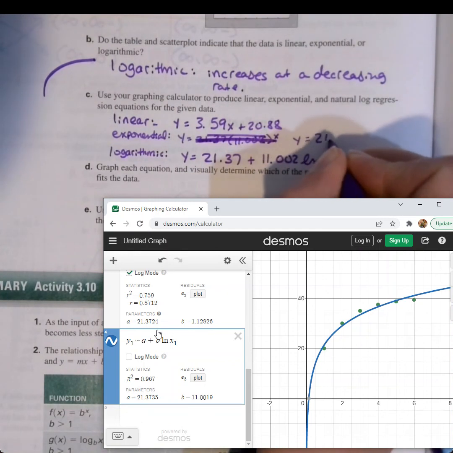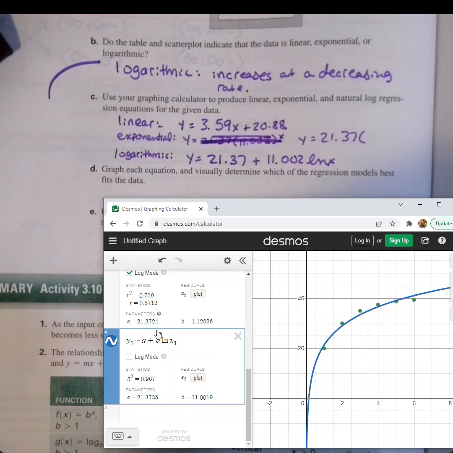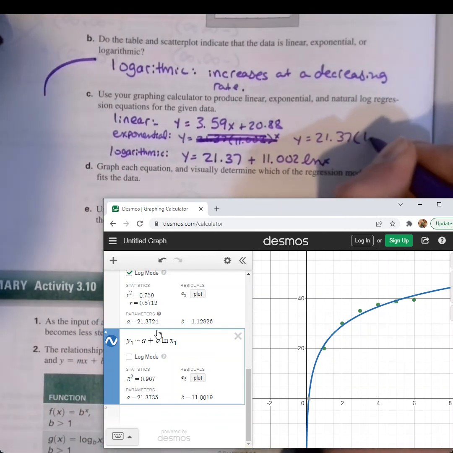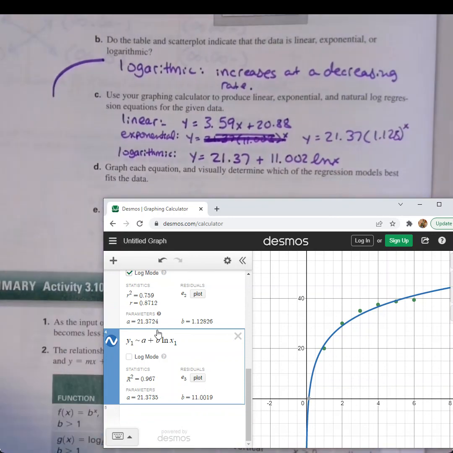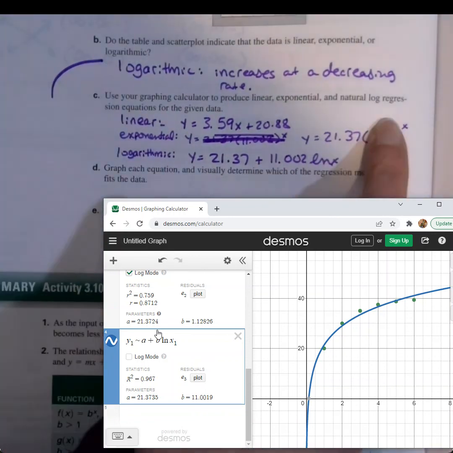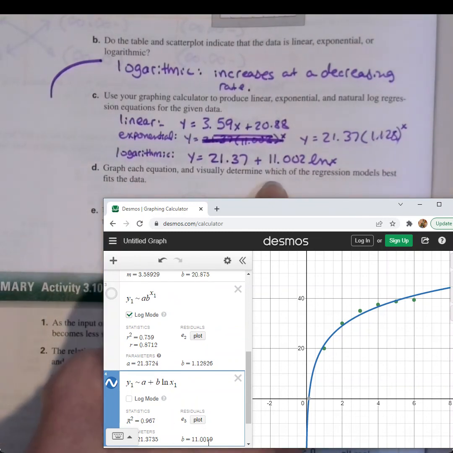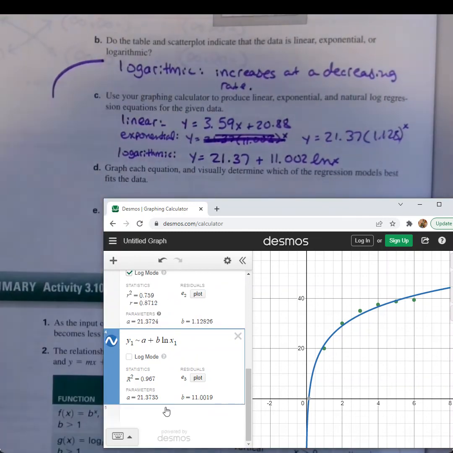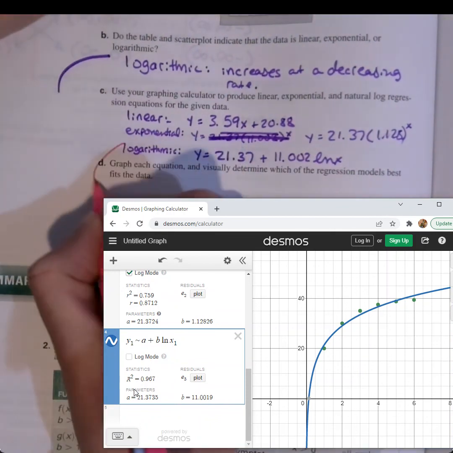So it does start with 21.37, it looks like, and then it's 1.128. Should have thought about that 11. I was like, that's way too big for it to be a base, but I wasn't really thinking about it. So there we go. That one was the exponential, and this one is the logarithmic. Graph each, which is best. It's logarithmic. No surprise.